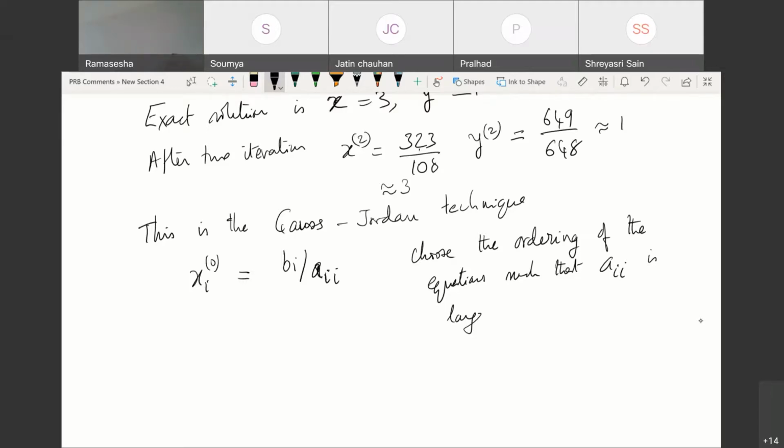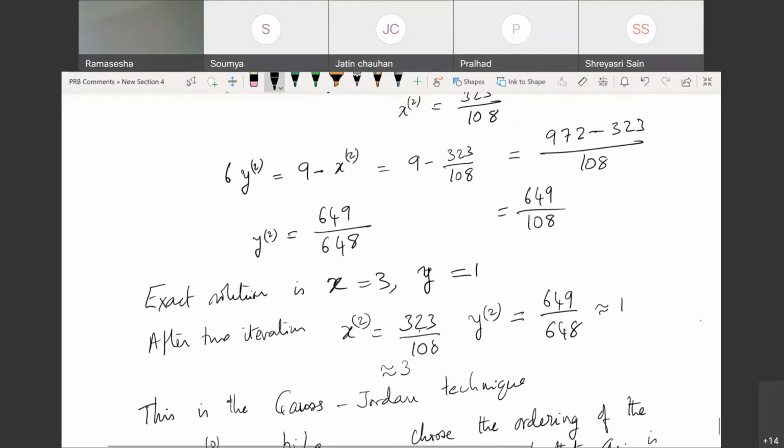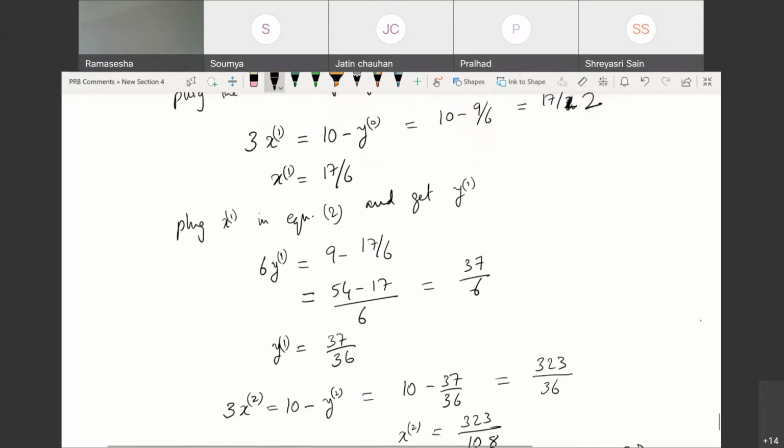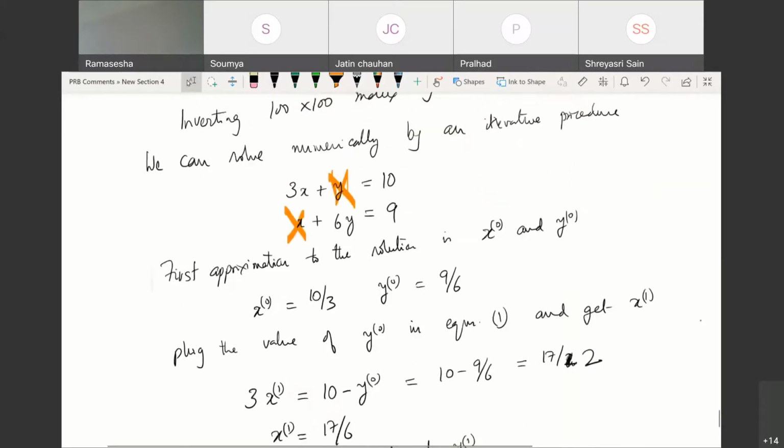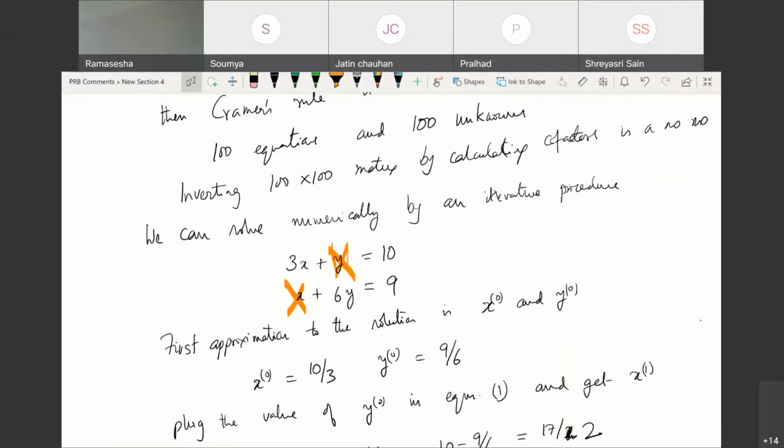If I were to interchange x and y, I would not get this easily. For example, if I write the equations in the form x plus 3y equal to 10 and 6x plus y equal to 9, that is, interchange x and y, I would not get a convergence which is very fast, because you want diagonal dominance, which means the modulus of aii must be the largest in the ith equation.